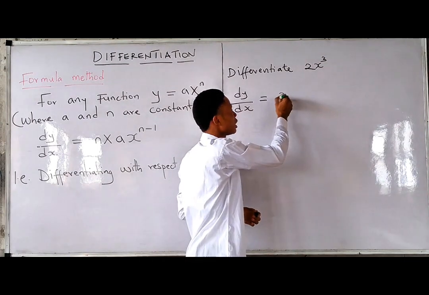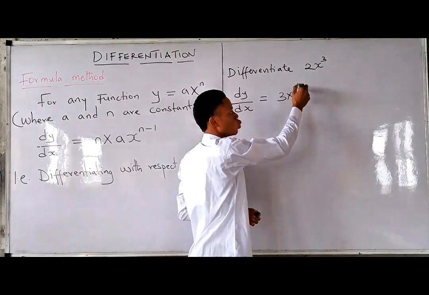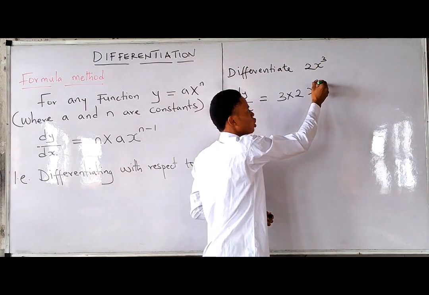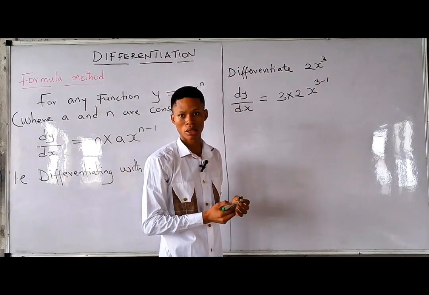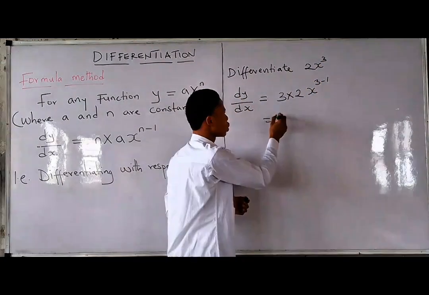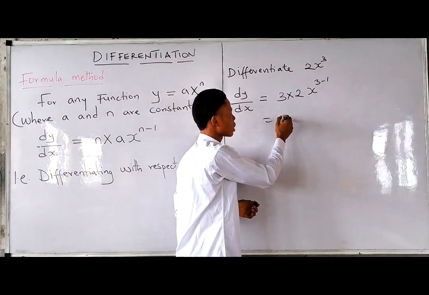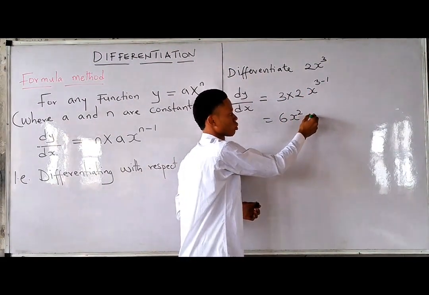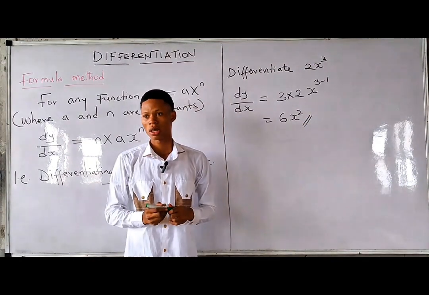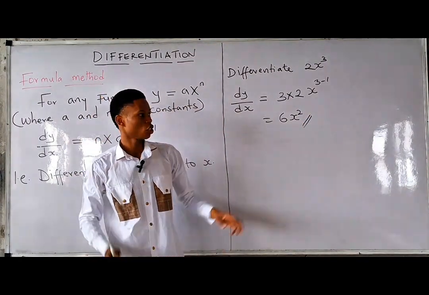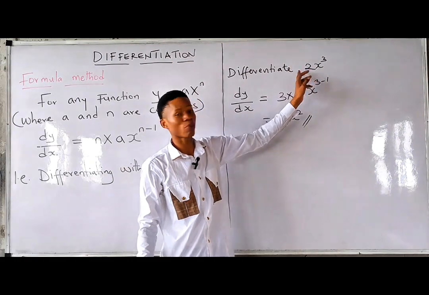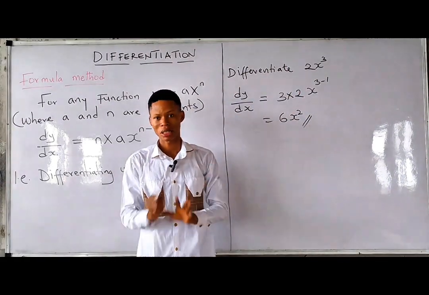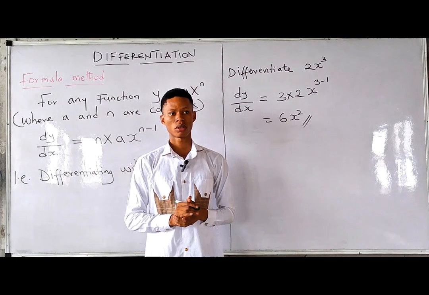That is 3 times 2x raised to power, anything you have here, you subtract 1 from it. So what you have now is 3 times 2 is 6. x raised to power 3 minus 1 is what? That's all. Anytime you are differentiating, just use the power to multiply the coefficient, then subtract 1 from the power. That is what we have.